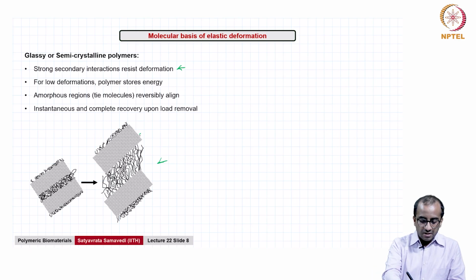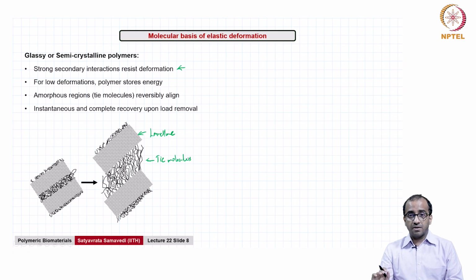So, these represent the lamellae and these represent the tie molecules. Again, these are all concepts that we have seen in fairly great detail as part of lectures 12 and 13, crystallinity and amorphous nature of polymers. So, these pictures should not be new to us.